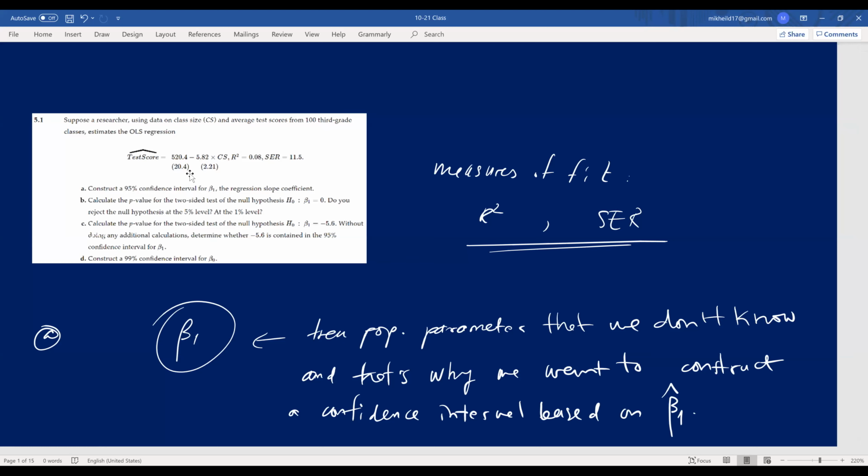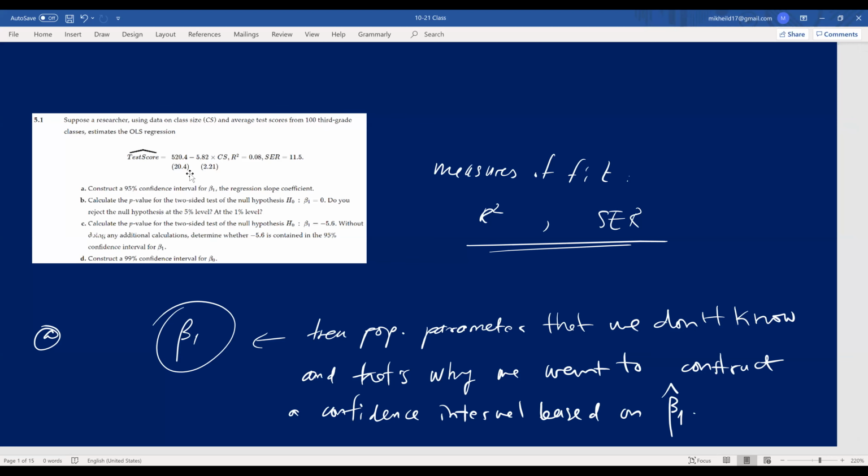So this 20.4 is for beta 0? Yes, because 520.4 is the intercept estimate, which is beta 0 hat, not beta 0. Oh, beta 0 hat, okay.